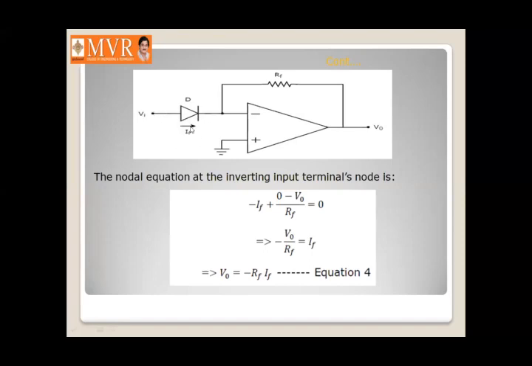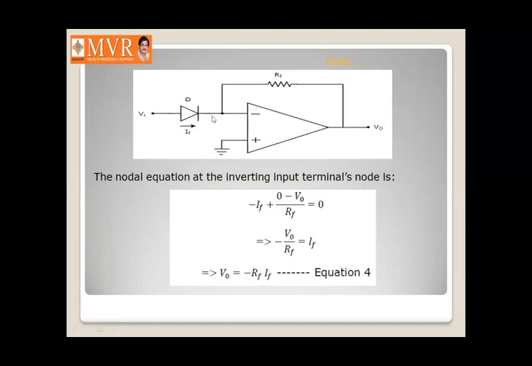We assume the current flowing through the diode is If, flowing in the input direction, so the current coming opposite to us is written as minus If.